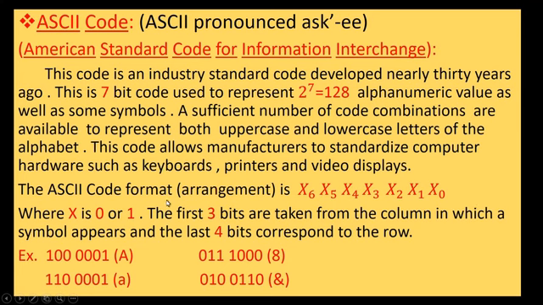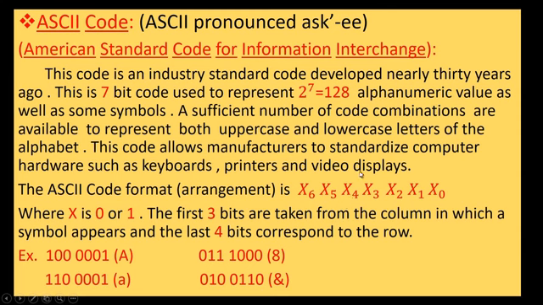The ASCII code format can be represented with the help of this data from x0 to x6. As this is a 7-bit code, it is represented starting from x0 and at last it is x6. So x6, x5, x4, x3, x2, x1, x0.